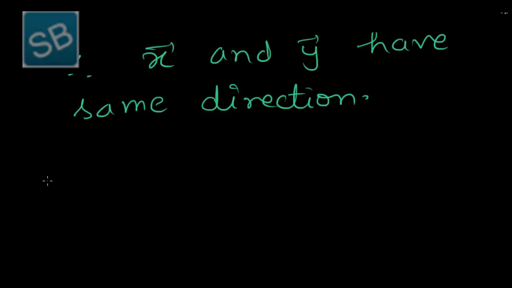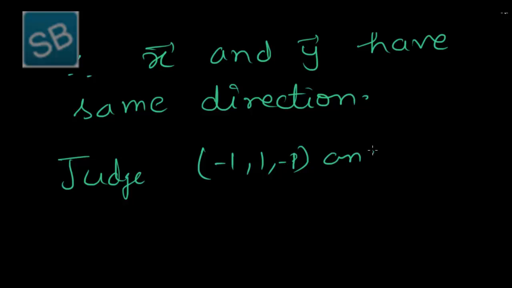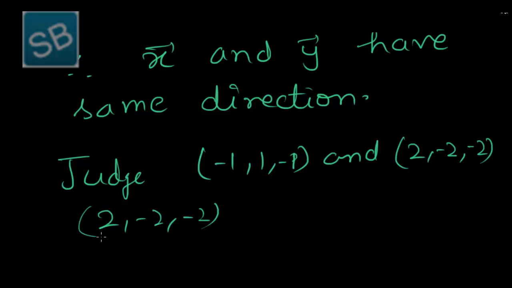Now what happens? Just judge the vector (-1, 1, -1) and the vector (2, -2, -2). We can't represent this vector in the form of the other.